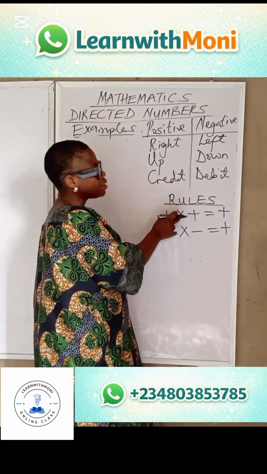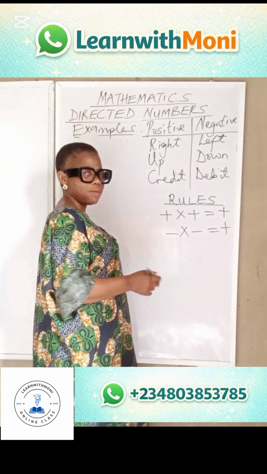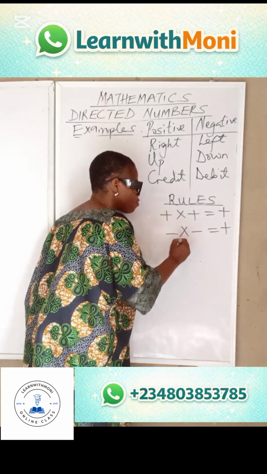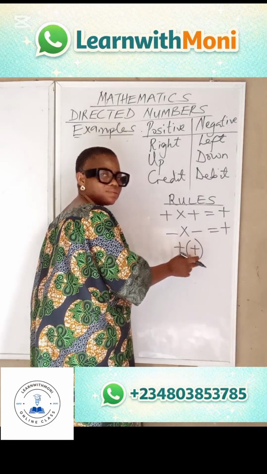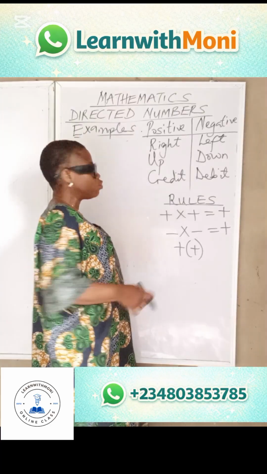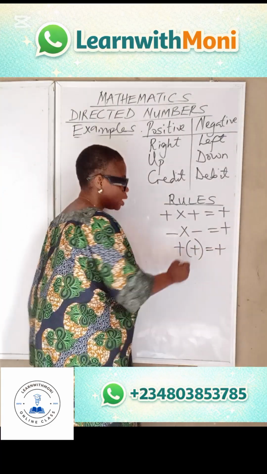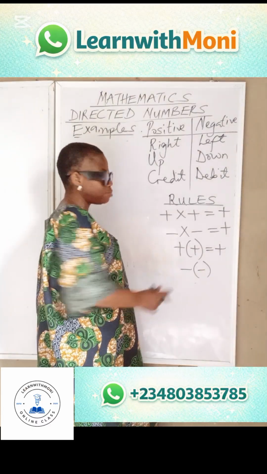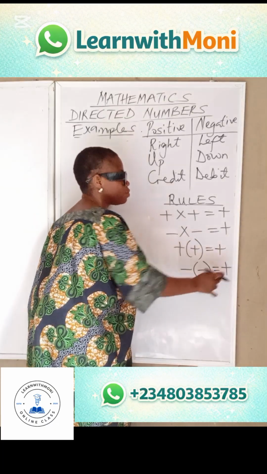Remember that multiplication may not be represented like this. Multiplication can also be represented as brackets. Like when I have plus into plus. This bracket means multiplication as well. So positive into positive is equal to positive. Negative into negative, that is minus times minus. The signs are the same, the result is positive.